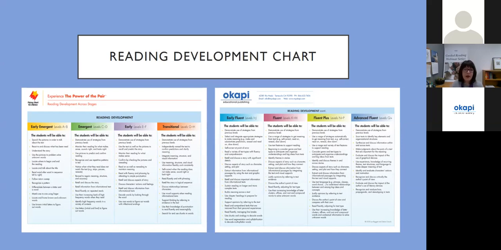So I have created some slides that have different books, for example, some PDFs of different books. And I'm going to talk about them in relation to the reading development chart, because one of the things to know is that the way that text is put together for supports and challenges depends on the reading behaviors that it's trying to develop or trying to provide opportunities to develop.